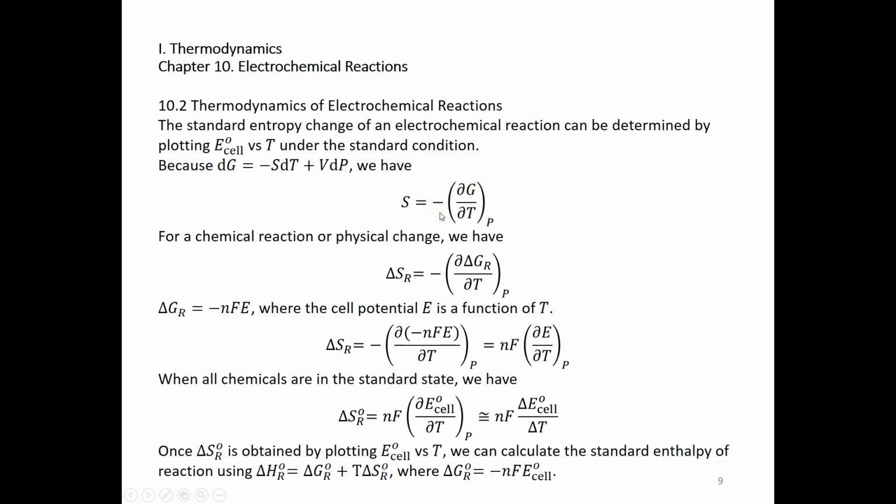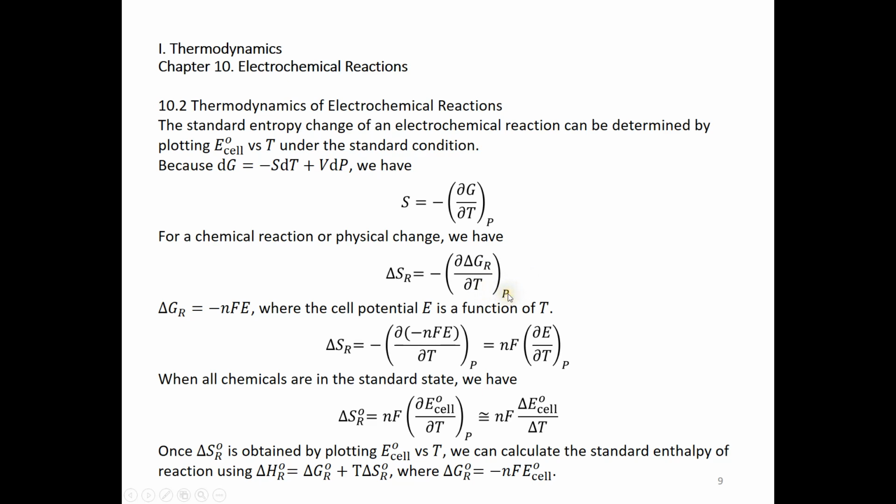And we take the difference between the two equations, one for reactants, one for products. And then we get this equation. The entropy of the reaction is equal to the negative first derivative of the Gibbs energy of reaction with respect to temperature, as long as we hold pressure constant.